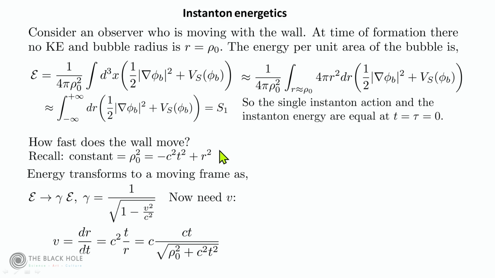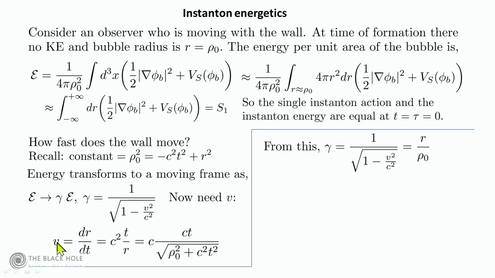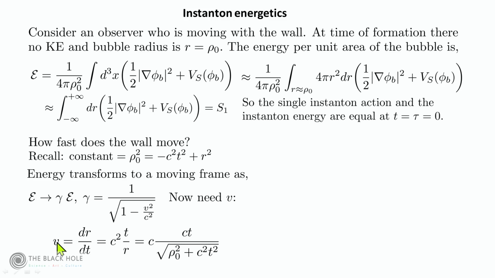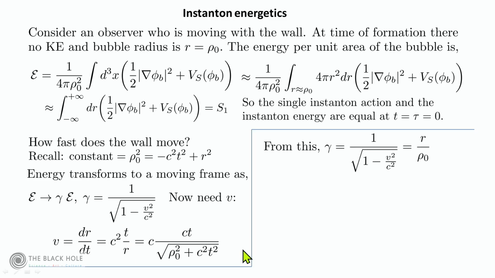So look at this over here. Differentiate both sides with respect to time. Then the velocity of the wall will be equal to c squared t over r. R is equal to square root of this. And now gamma, put in gamma over here.